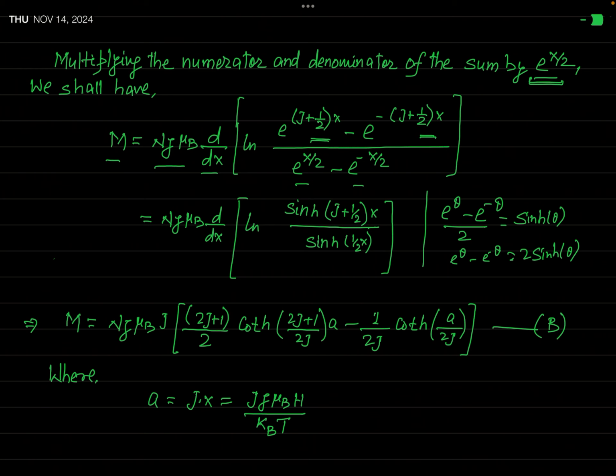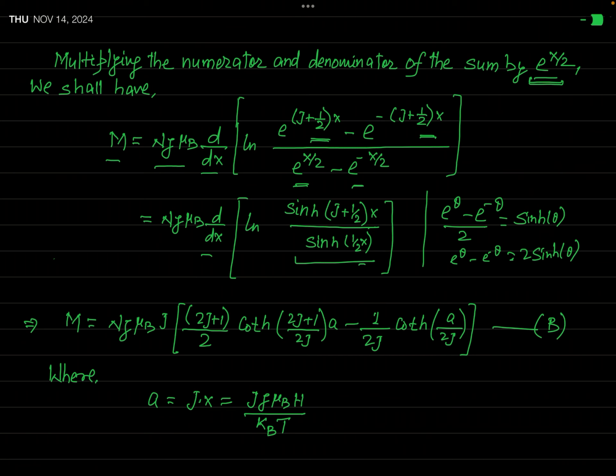This will be simply 2 sine hyperbolic (j plus half) x. Okay. And in the denominator, this factor will be equal to 2 sine hyperbolic x by 2. 2 and 2 will cancel out, and so your result is this much. You can see this is N g mu B d/dx log of sine hyperbolic (j plus half) x divided by sine hyperbolic half x. Okay.